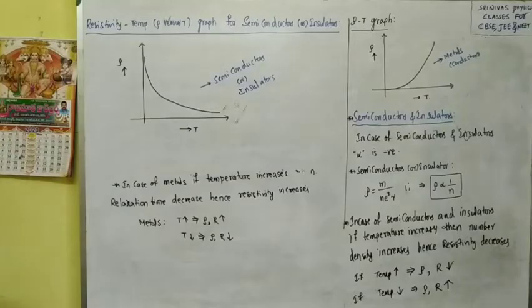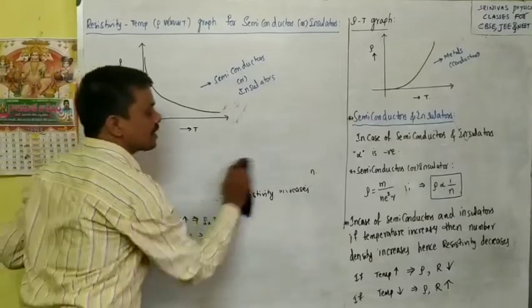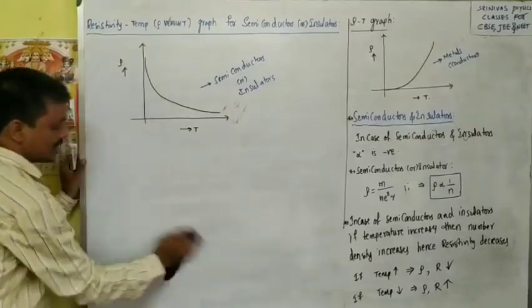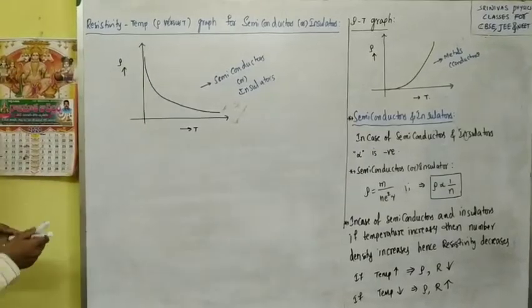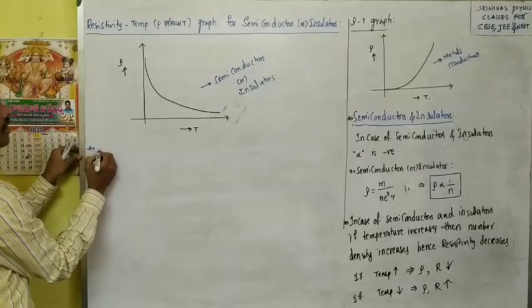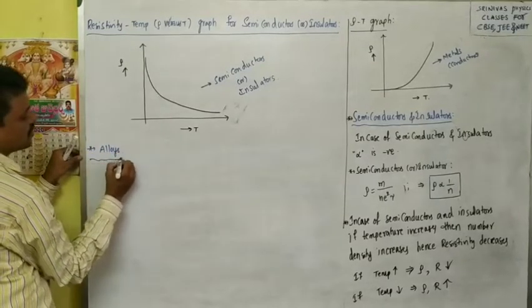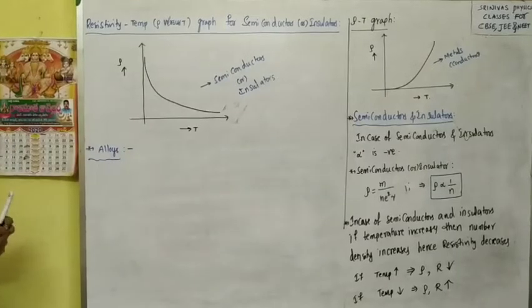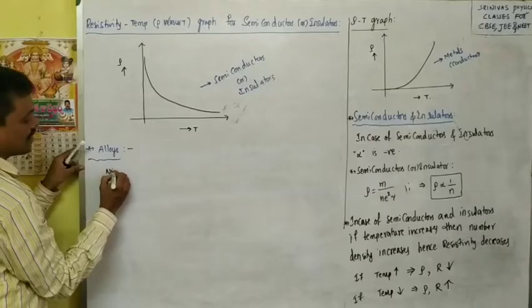And now the next one is alloys. How does resistivity depend upon temperature for alloys? Do you know alloy? Alloy means a mixture of two or three metals, right? Now we will go for the alloys. Okay, now nichrome, we will take nichrome.